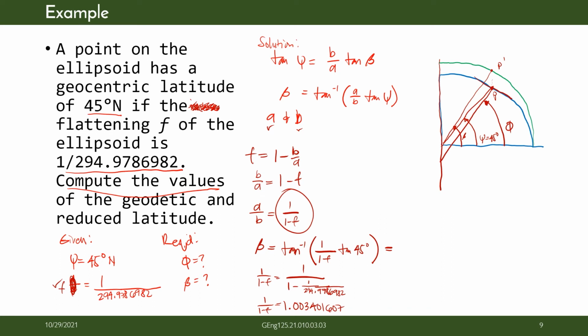So the answer is, your reduced latitude is 45 degrees 5 minutes and 50.22 seconds. So that is your beta. Okay.